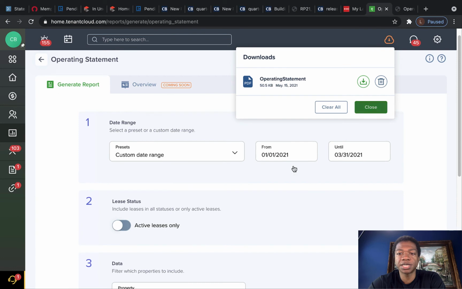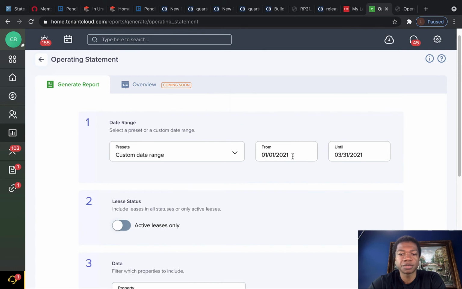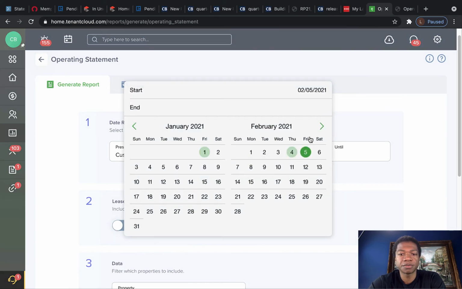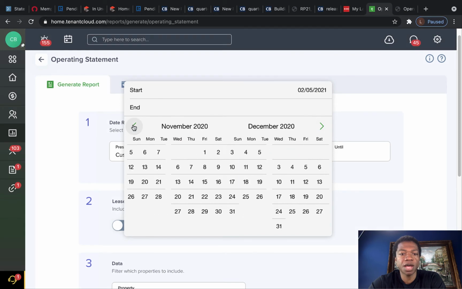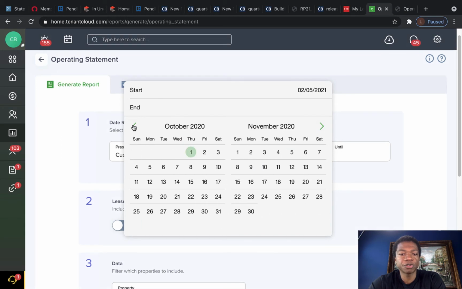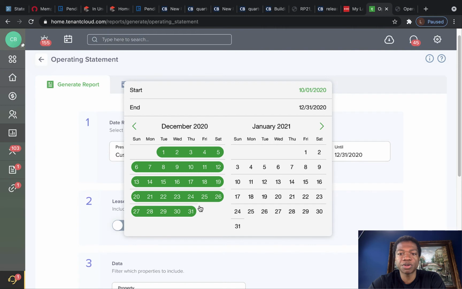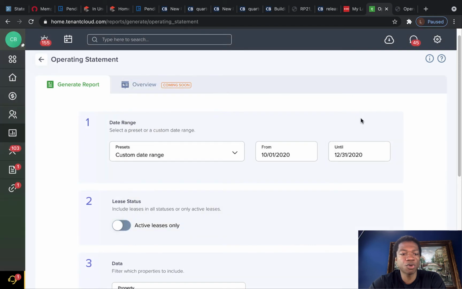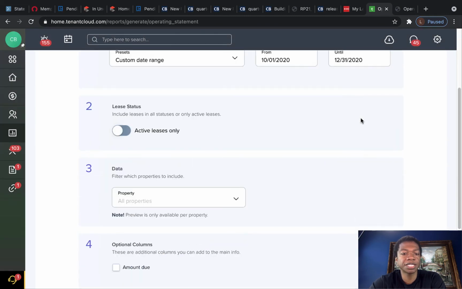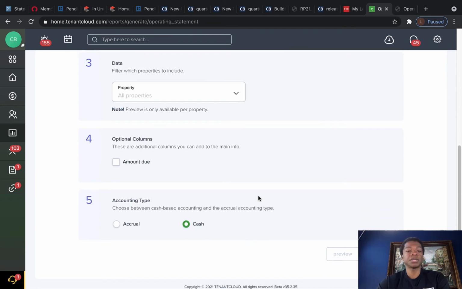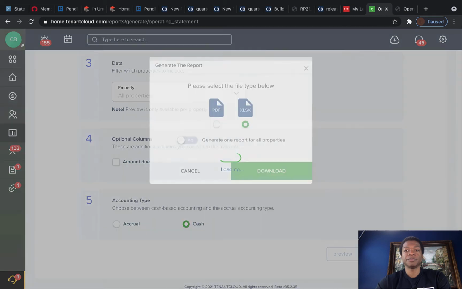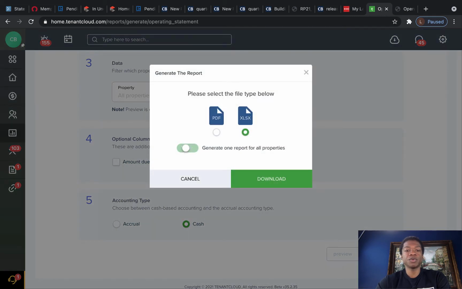And so if we compare that to the fourth quarter of 2020, let's see. So we want to go back to October 1st, and we want to end December 31st. And so this is our fourth quarter of 2020. We want to leave active leases off. We want to look at all properties, and we want to do cash. So let's download this. And we want to generate one report for all properties, and we'll do PDF.